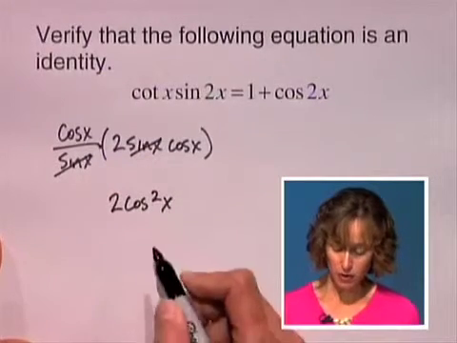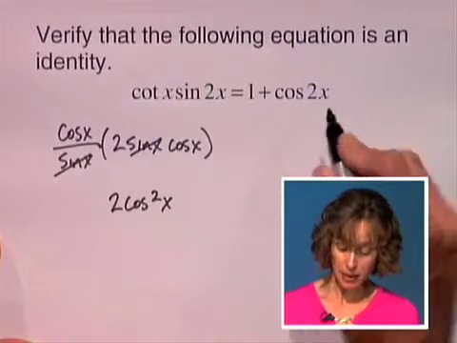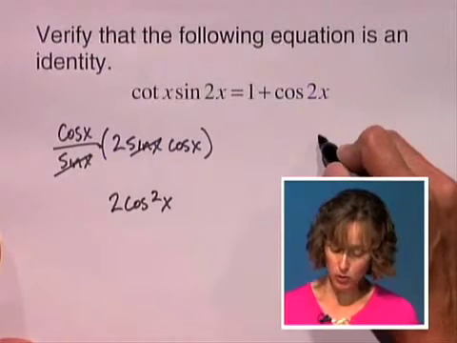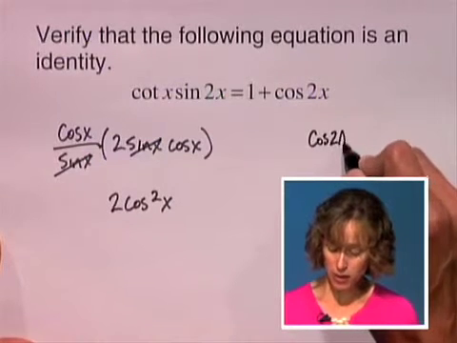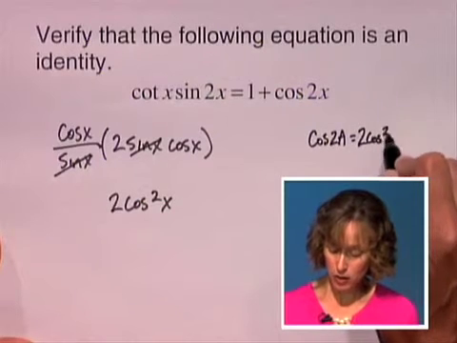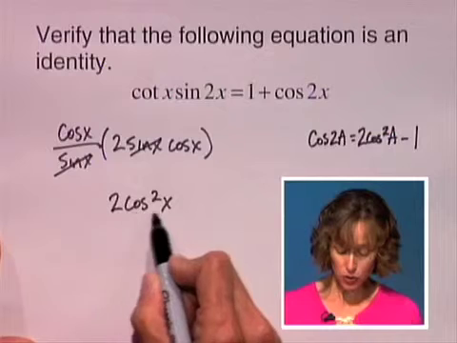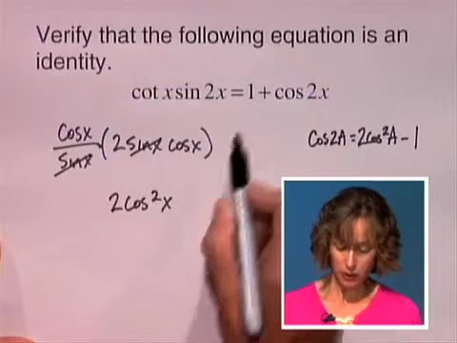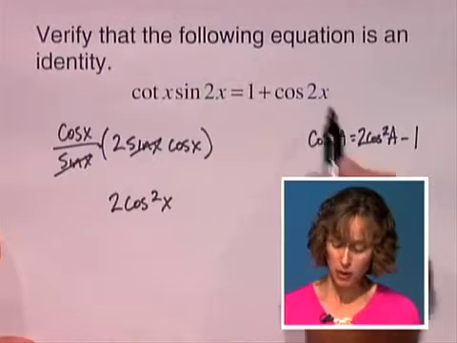cosine squared of x. Now there's a cosine double angle identity. Let me write it down over here. The cosine double angle identity is cosine twice some angle is 2 cosine squared of that minus 1. Well, I have 2 cosine squared of some angle, and I'm trying to conclude that it is 1 plus cosine 2x.